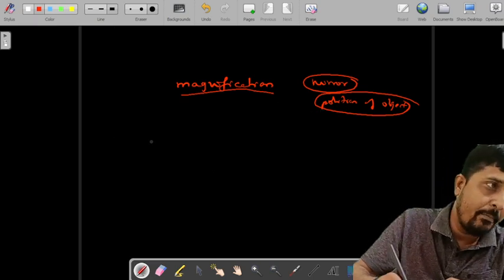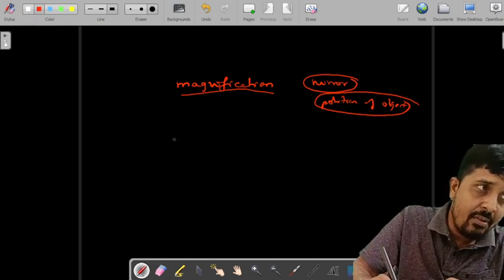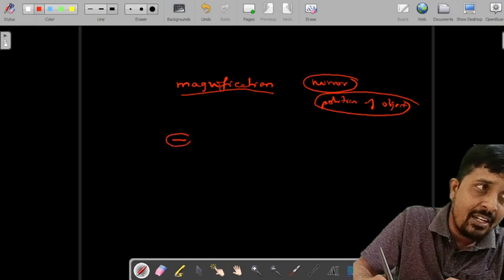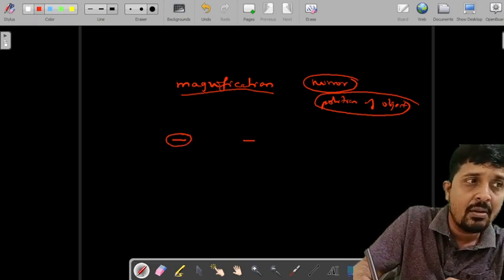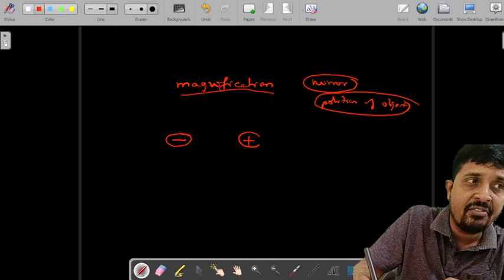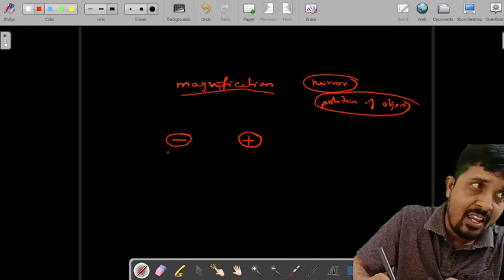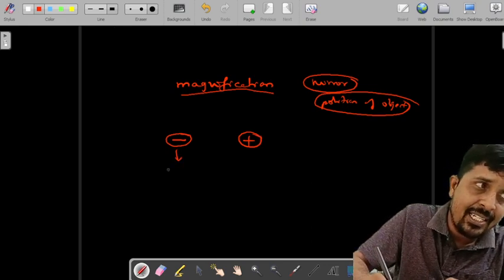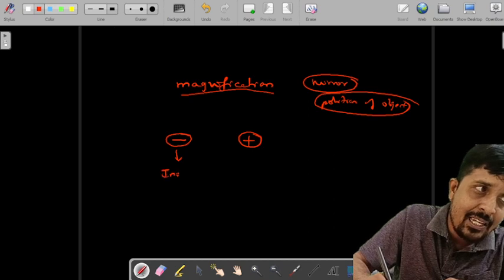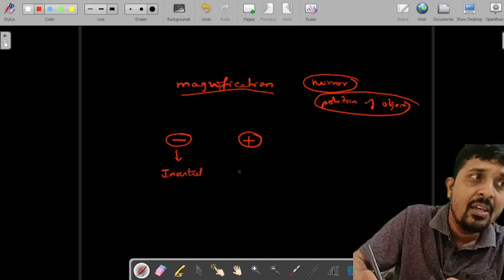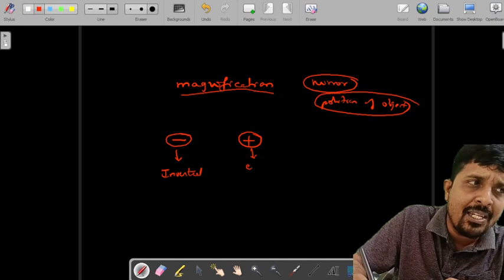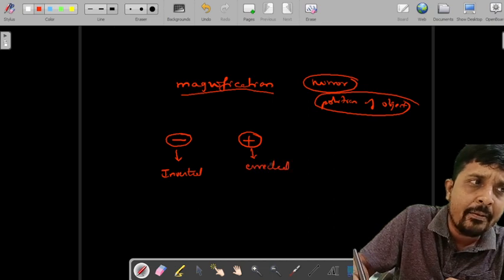I'll tell you one thing. Whenever you see minus or plus in front of the magnification, what does it mean? If magnification is minus, the image is inverted. If magnification is plus, the image is erect.